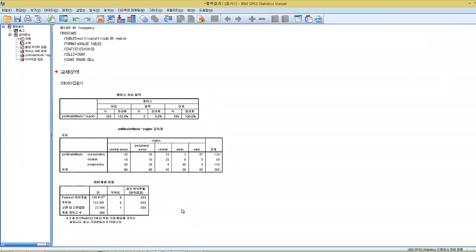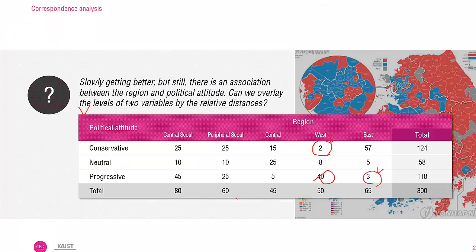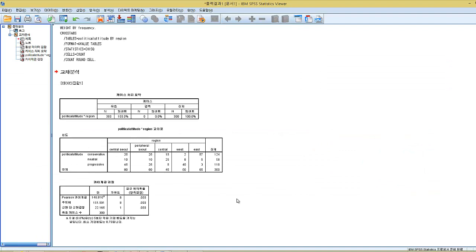So here, actually this tabulation corresponds exactly to this table, and it should.